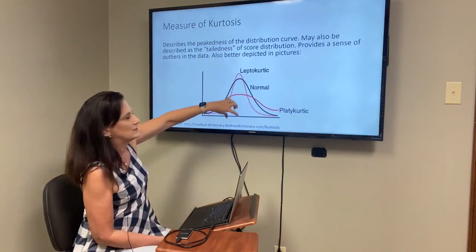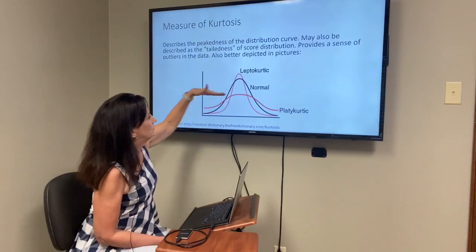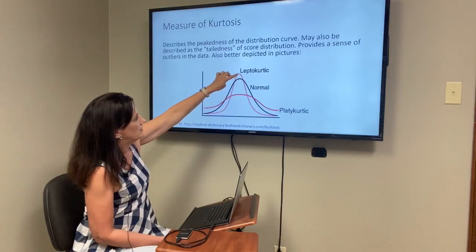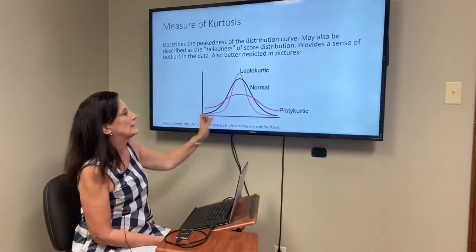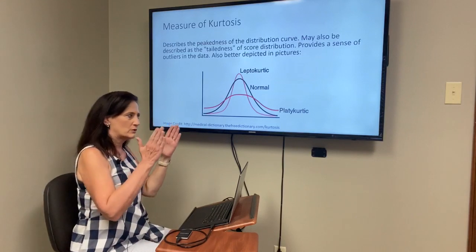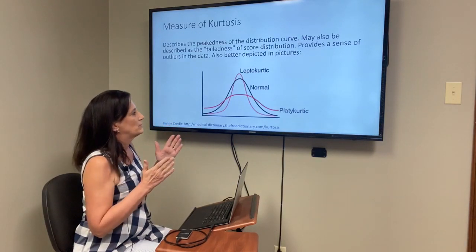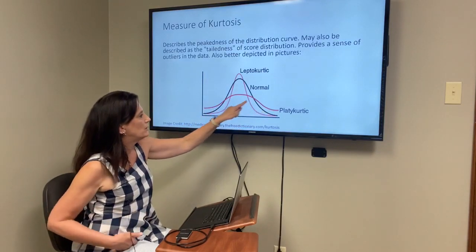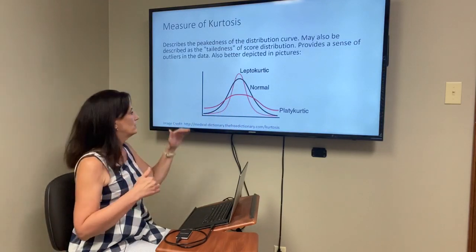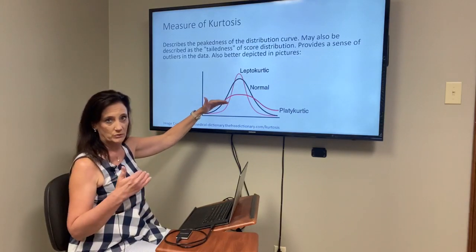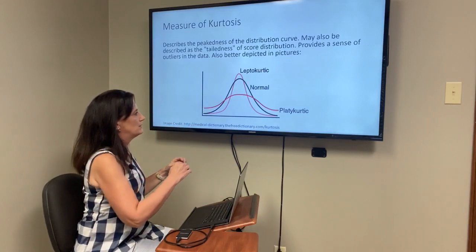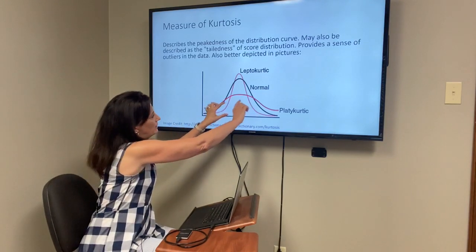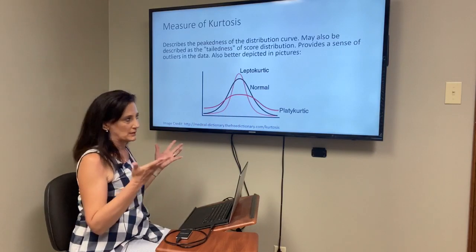If you draw kind of the plus sign, you see you've got leptokurtic, you've got this tall, skinny cluster of scores around the mean, as opposed to the normal curve. And then platykurtic, it's much flatter, so it's lower, closer to the 0, and more spread out away from the mean of, say, 50.